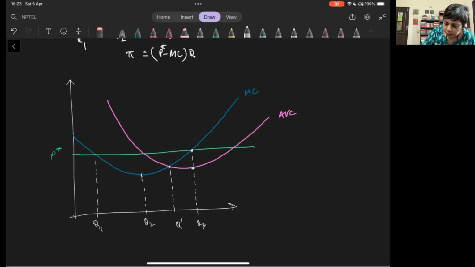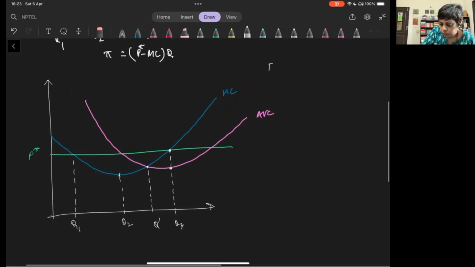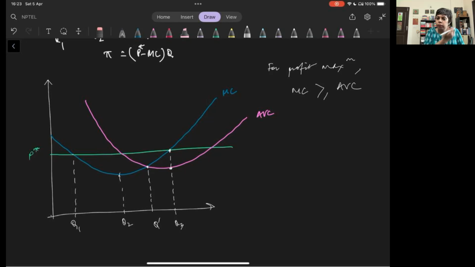So let me write this down. For profit maximization, marginal cost should be greater than or equal to average variable cost. This is necessary, right? This is important. And P can be greater than or equal to this, we can add this also.